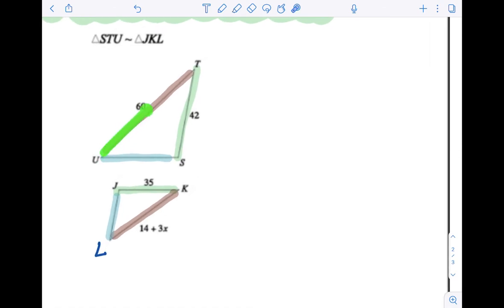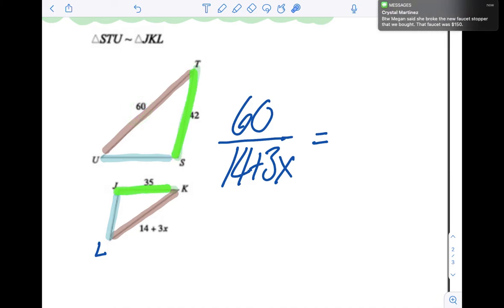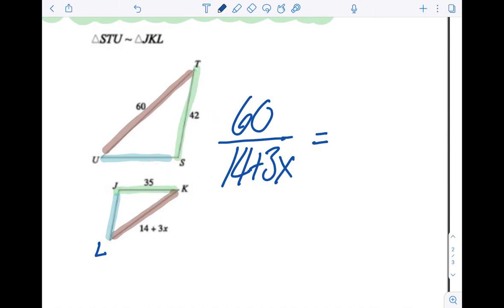So I have brown to brown. So 60 over 14 plus 3x is equal to, so I did this one first, so that means on the second one I have green and green, so 42 over 35.